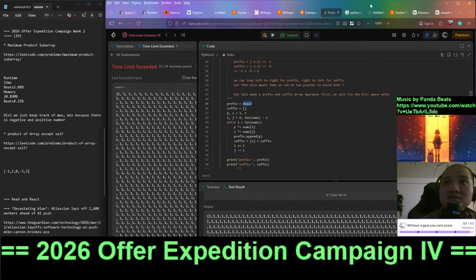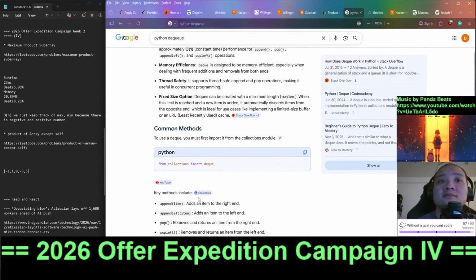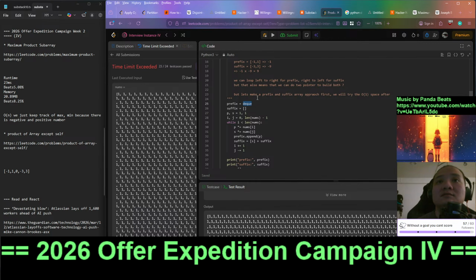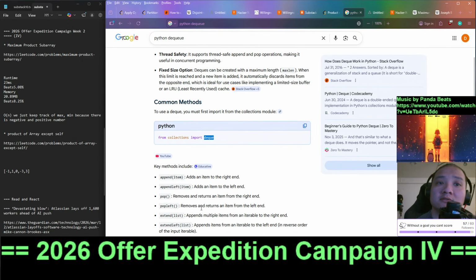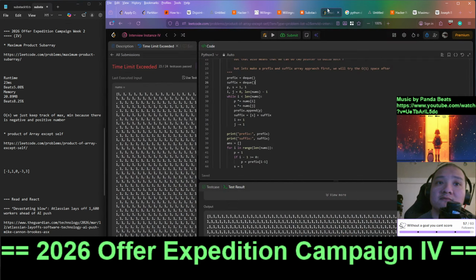Oh my god, what is happening? My favorite data structure. Right. So then we append left.